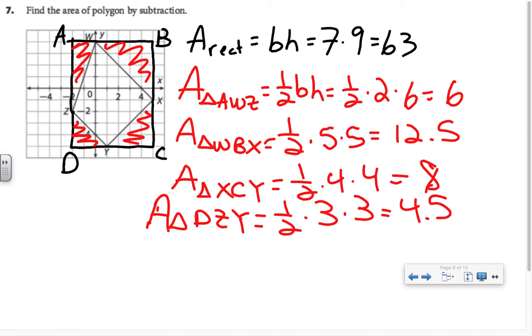So I'm going to add up all these triangles. So area of the triangles. And in my calculator, I add these all up, and I get 6 plus 12.5 plus 8 plus 4.5, and that's 31.